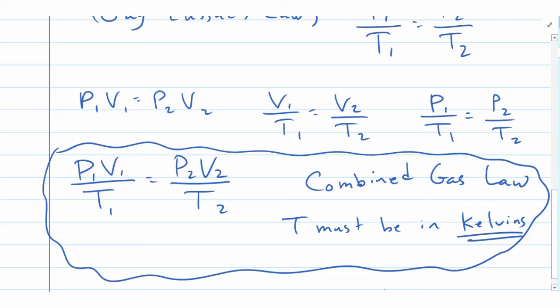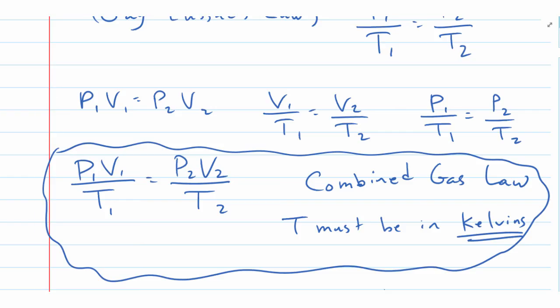Now in fact, when you write the combined gas law like this, you can actually derive all of the other equations very simply. If T1 is equal to T2, they're going to wind up canceling each other out, and you're left with P1V1 is equal to P2V2. If we have pressures constant, we cover those up, and we get Charles' law right in the middle there.